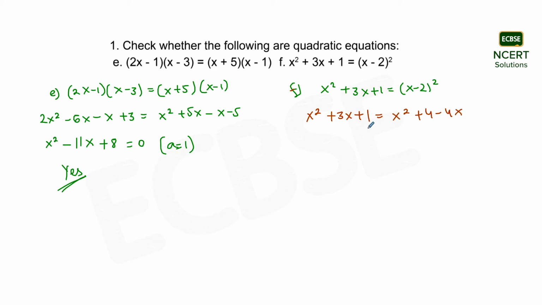So taking left hand side terms to the right hand side, I'll be getting 7x minus 3 is equals to 0. Clearly, I don't have any term related to x square, so here a is equal to 0, which means that no, this equation is not a quadratic equation.